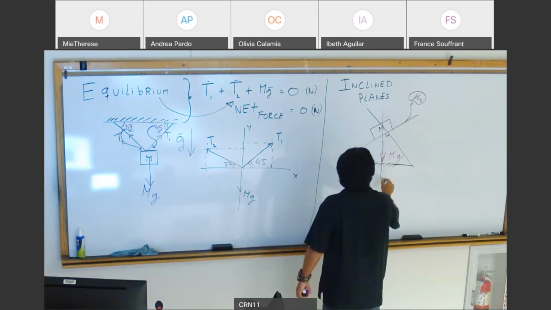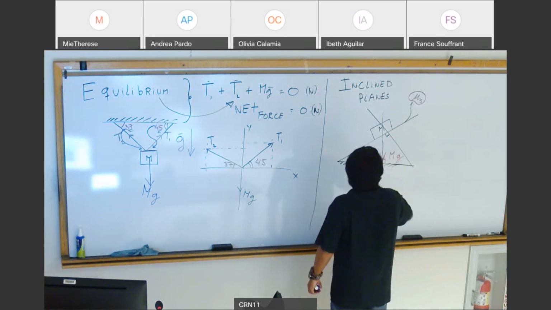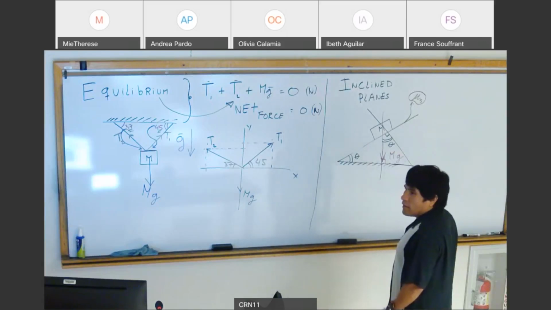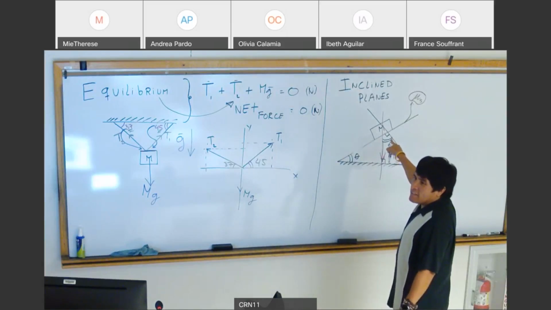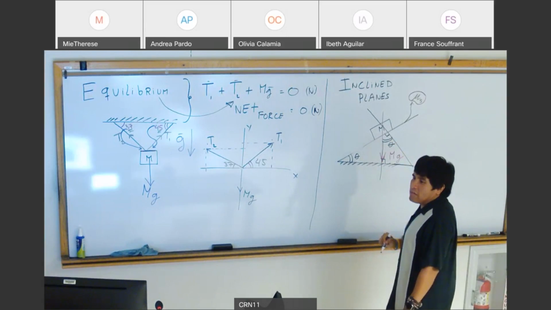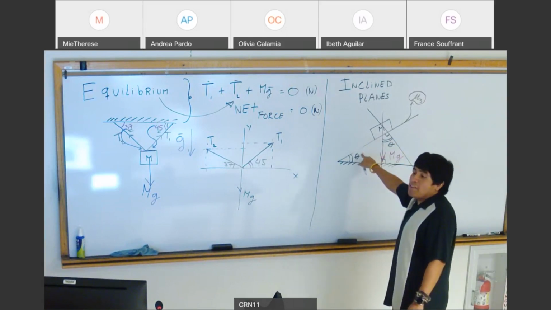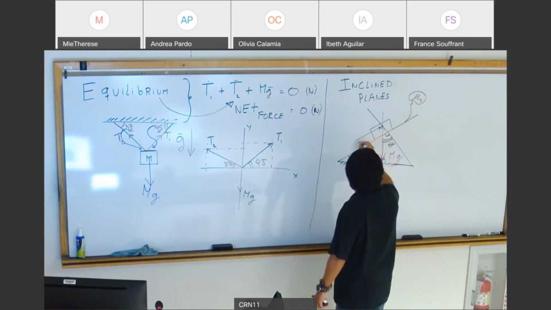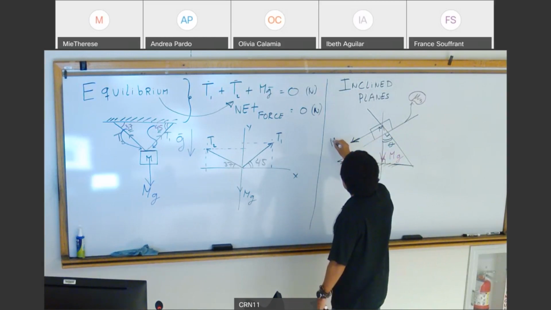The mg is also perpendicular, and by doing simple geometry, you will find that this angle is also theta. So that is vectors upside down, all right? If this angle is theta, what you need to remember is that we can find a component that makes the object fall. This component is mg sine of theta.